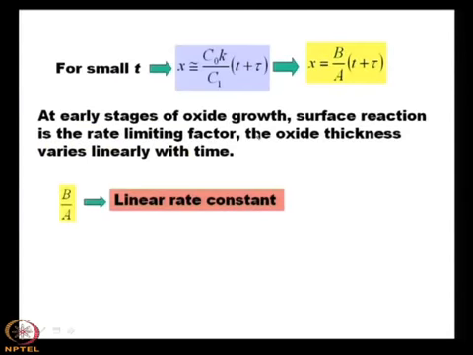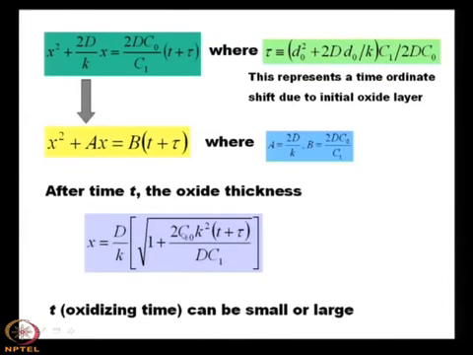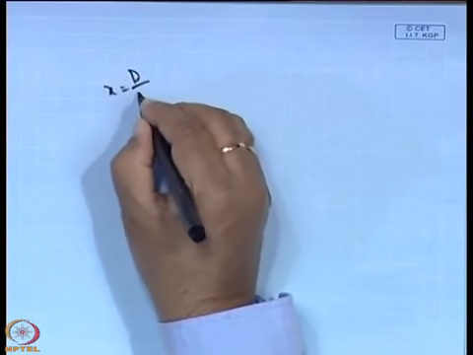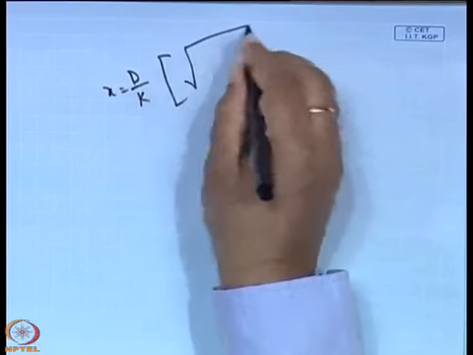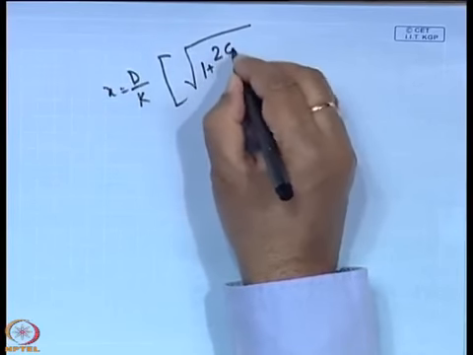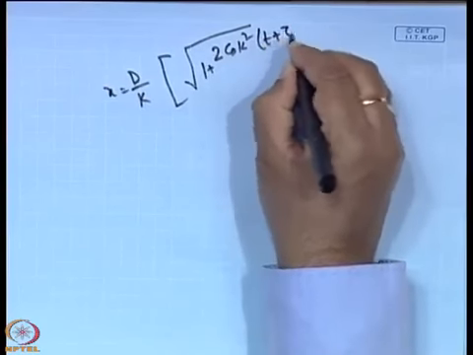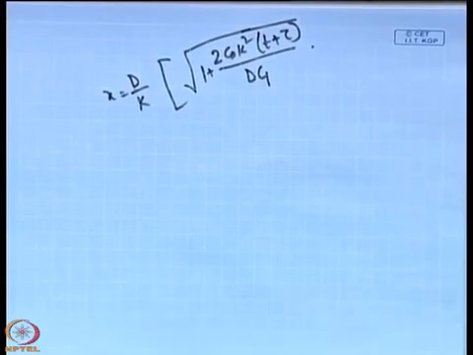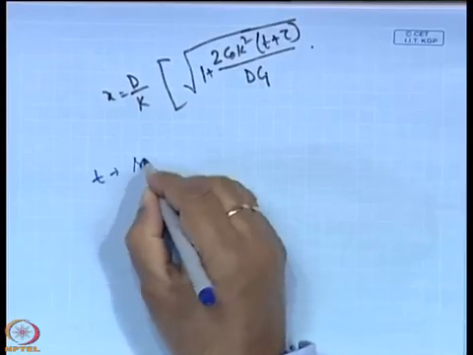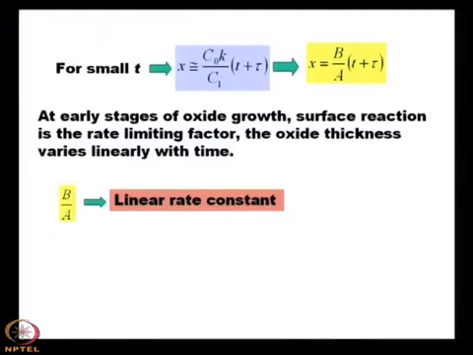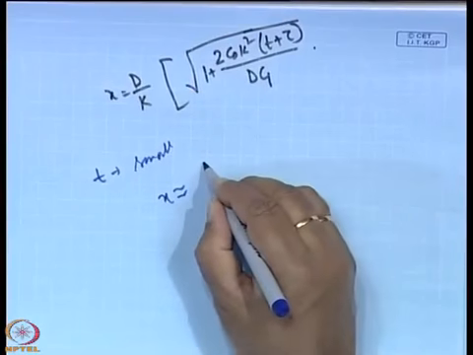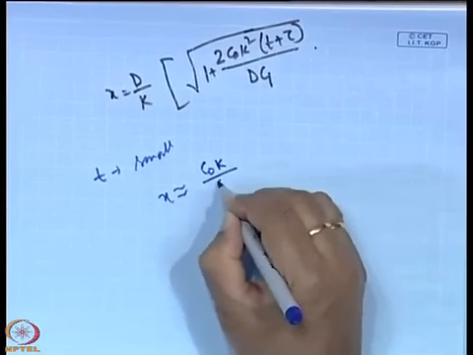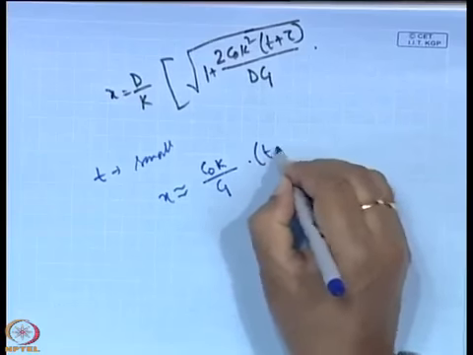This is the equation: x equals (D/k) times the square root of (1 plus 2 C0 k squared (t plus tau) divided by D C1). Now, for t small, that can be approximated to x equals (C0 k/C1) into (t plus tau).